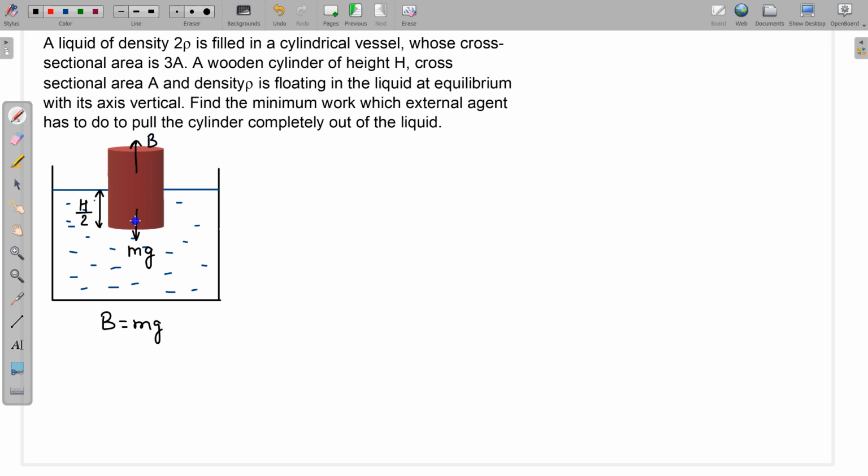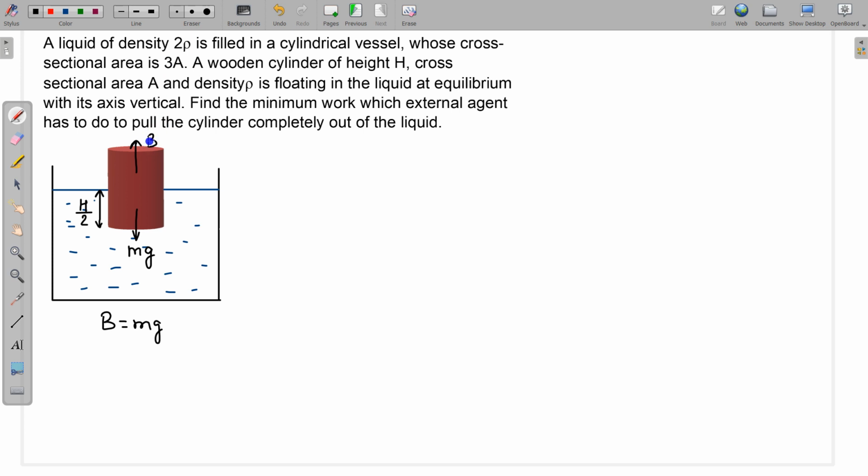So the net force will act in the downward direction. The net force acting downward will be mg minus the buoyancy force at that particular instant, because the buoyancy force will change as it is being pulled upward. So work has to be done against this net downward force, which is mg minus B.